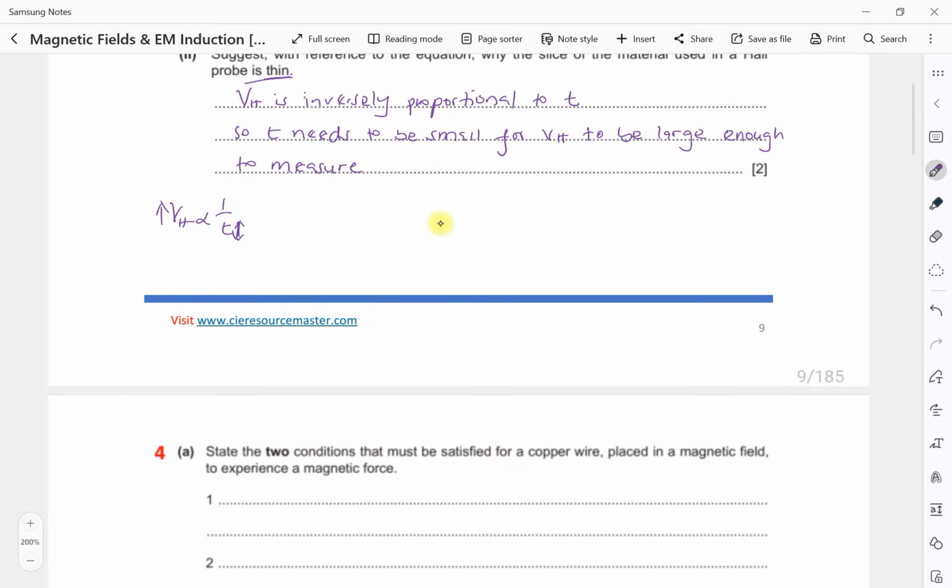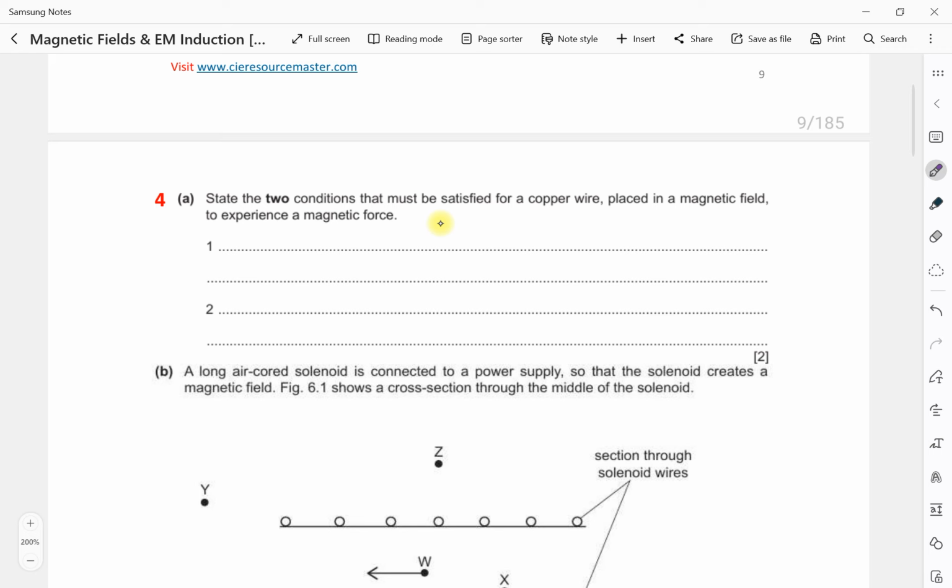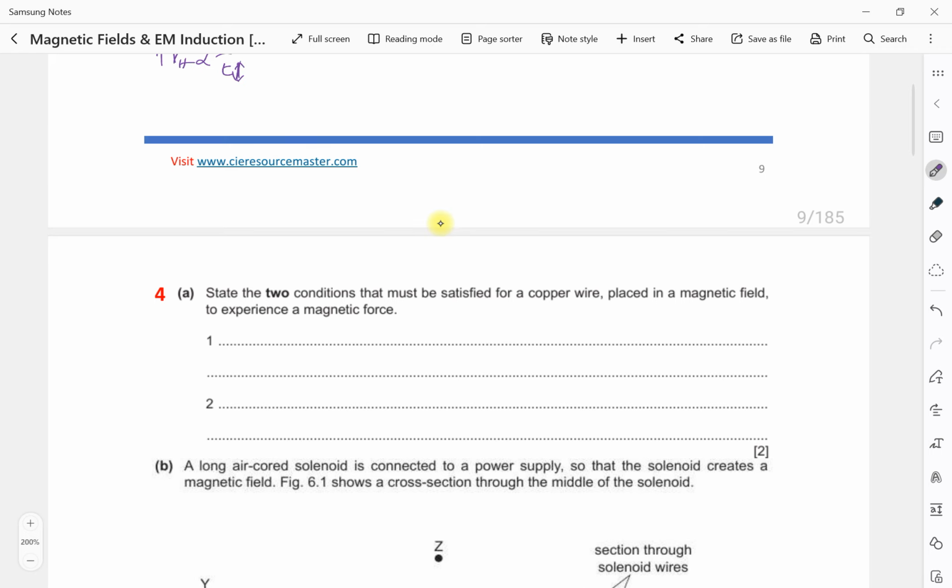If T was big, VH would be very small, and measuring a very small quantity gives a large percentage uncertainty. So T should be small so that VH is large enough to measure with a small percentage uncertainty. Okay. State the two conditions that must be satisfied for a copper wire placed in the magnetic field to experience a magnetic force. One, remember by Fleming's left-hand rule, the current must be perpendicular to the magnetic field for the force to exist. So there must be a current. It may not always be perpendicular, but it should have a component perpendicular to the magnetic field.